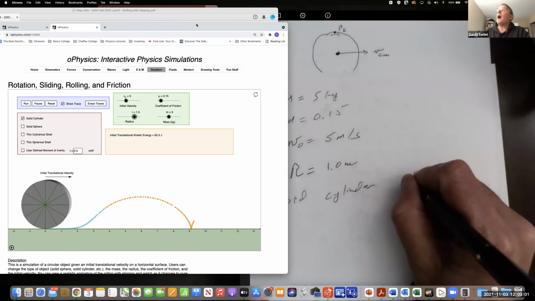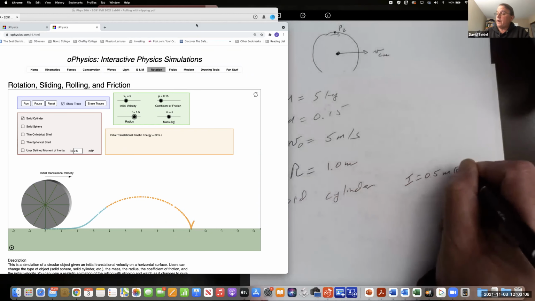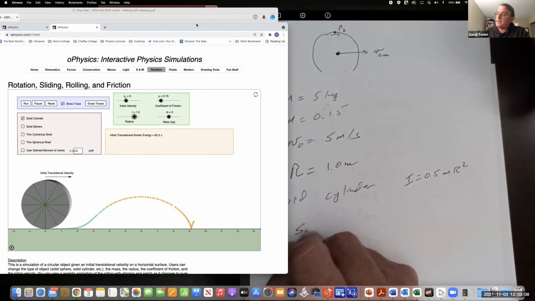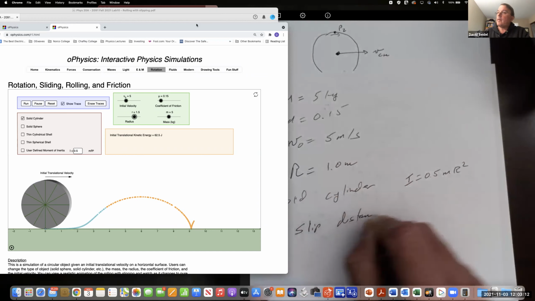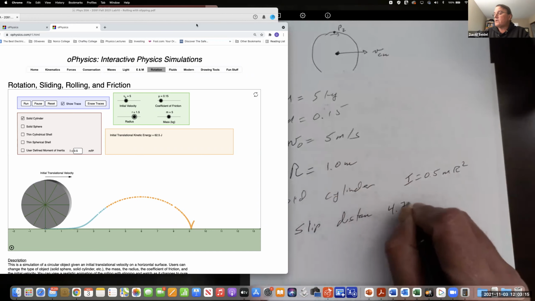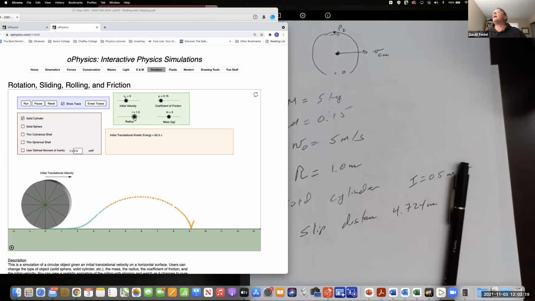Okay, so I equals 0.5 mr squared, and our slip distance was 4.724 meters. Let's verify that. Let's go back and verify that.